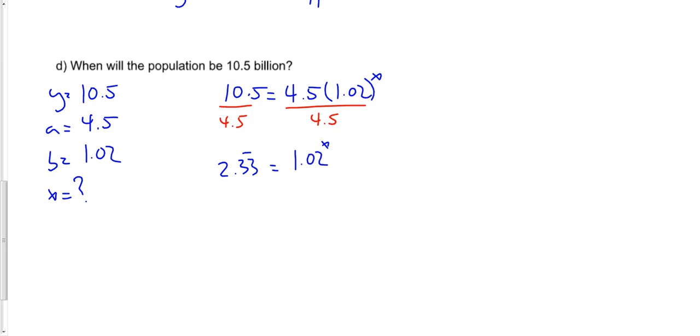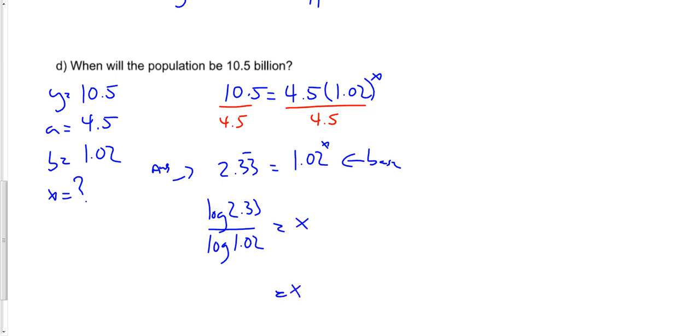So you'll recall in example 2 we talked about how to do logarithms. So here I've got my answer, and here I've got my base. So I'm going to do log of the answer divided by log of the base. So log of 2.33 divided by the log of 1.02. That's going to get me my x value.